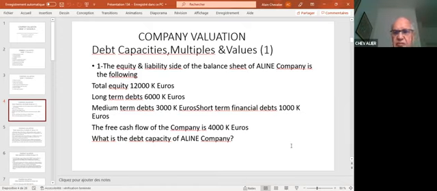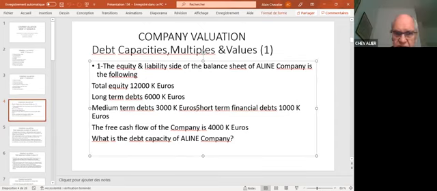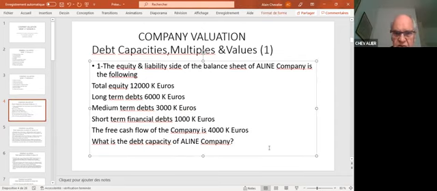The equity and liability side of the balance sheet of Aline Company is the following. Total equity 12,000 euros, long-term debt 6,000, medium-term debt 3,000, short-term financial debt 1,000 euros.